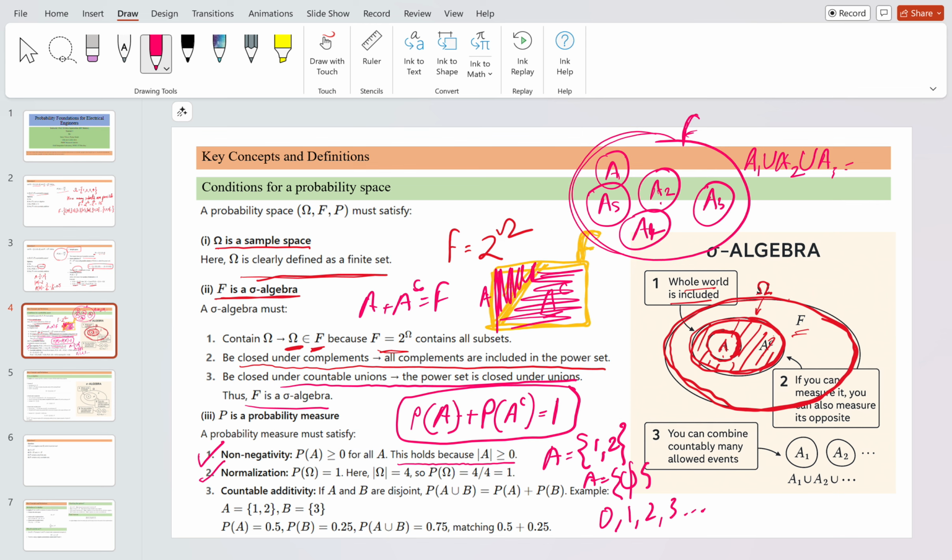So for all the possible subsets, the probabilities summed will be equal to 1. That is called the normalization property.